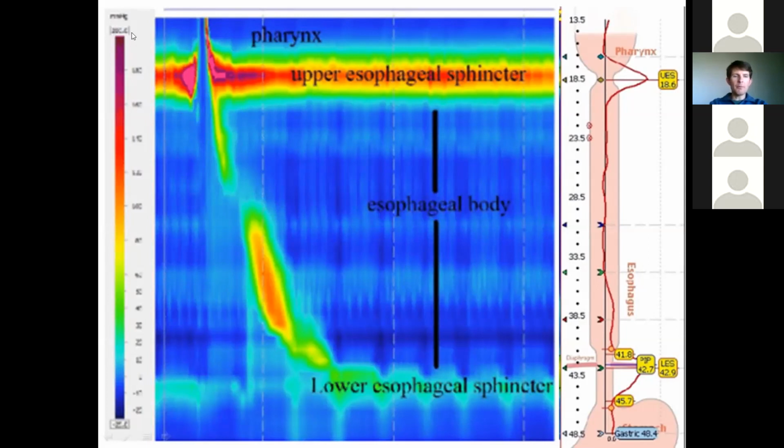The color represents pressure. So the highest pressure readings are in this magenta purple color, and the lowest pressure readings are in the dark blue. So you can see the upper esophageal sphincter, its resting pressure is quite high, and then when the swallow initiates, you have a relaxation, as evidenced by the blue color there. So color is pressure, x-axis is time, y-axis is anatomic location on the esophagus.